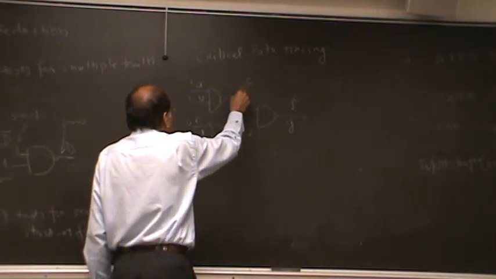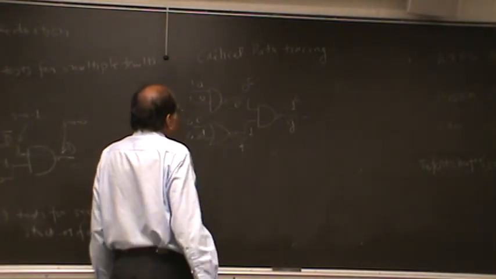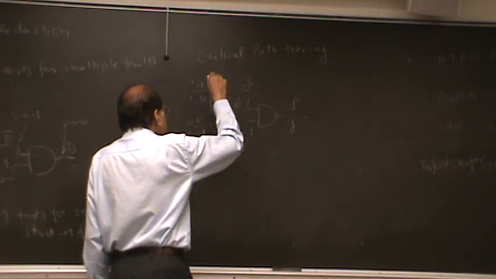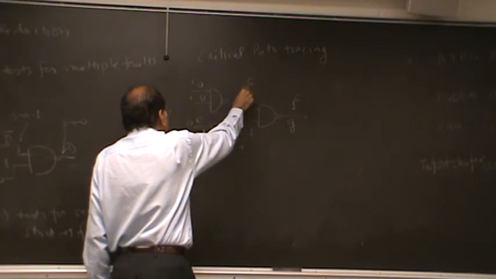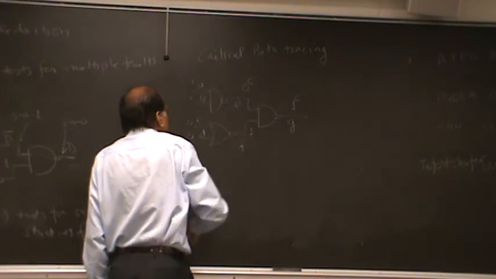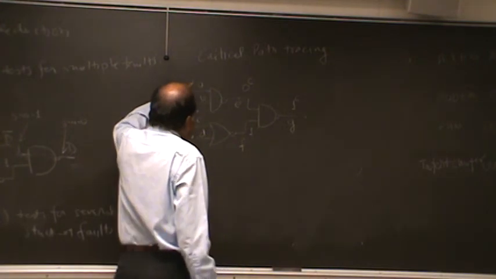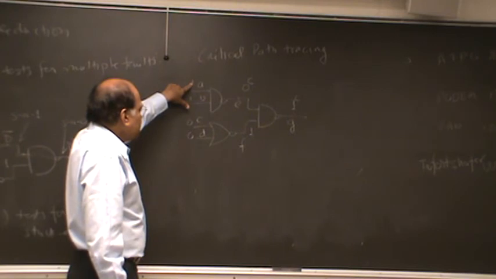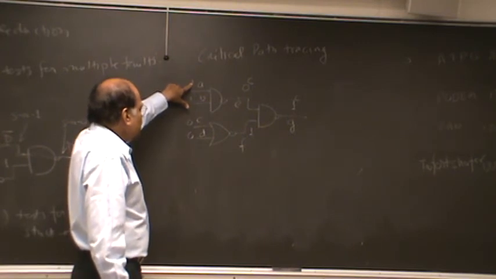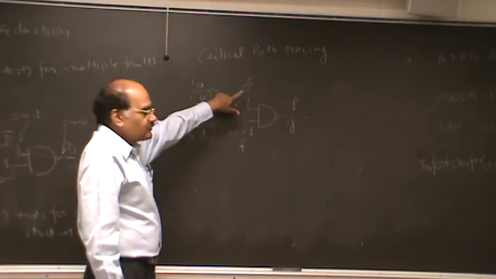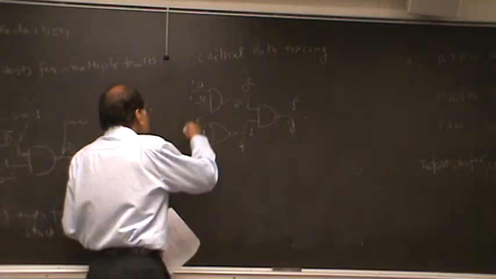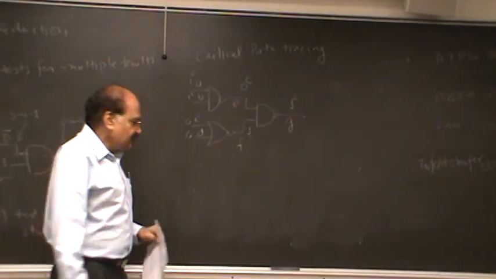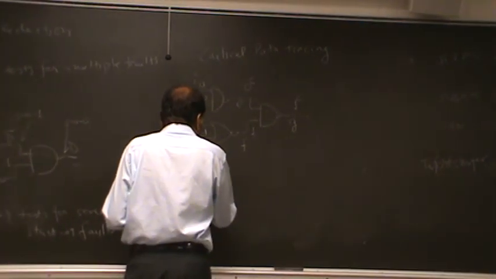And now let us look at this line here. And now this 0 is critical, that means possibly these could be critical. Okay, what about this one here? If this 1 changes to a 0, will it make a difference? If this changes to a 0, then this would be a 0, this would become a 1. So we can say this is critical, and we can say this is critical, right? So here we have critical nodes.